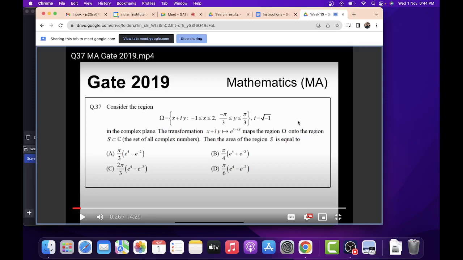So it is a point of argument pi by 3 on the unit circle. The maximum angle will be pi by 3 and minus pi by 3. It will be basically inside these two lines, right?